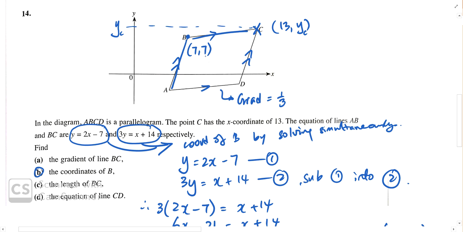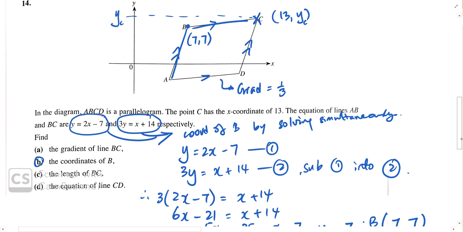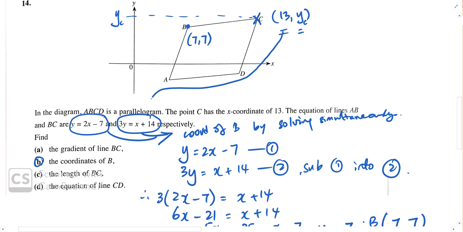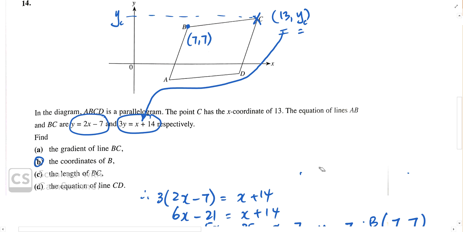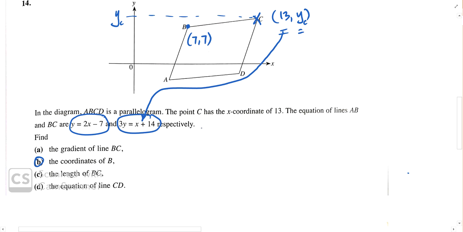Now to find the length of BC. To find the length of BC, I require the coordinates for B and C. Currently, I only have the x coordinate for C. I still require the y coordinate for C, which is simply obtained by substituting the x coordinate of 13 into the equation of BC. Therefore, 3 times the y coordinate of C equals 13 plus 14, that's 27.